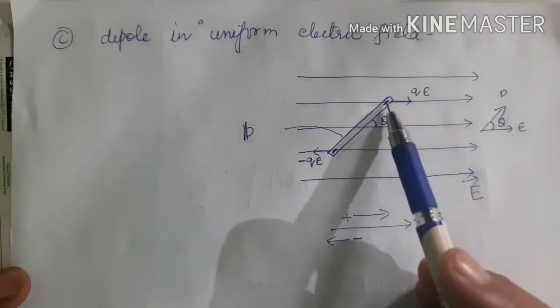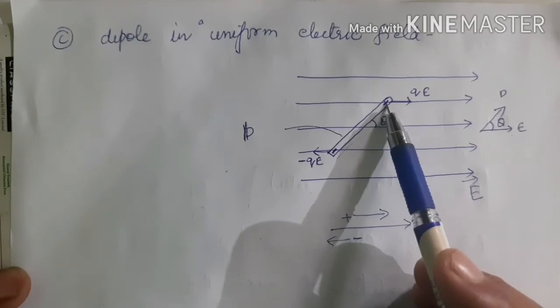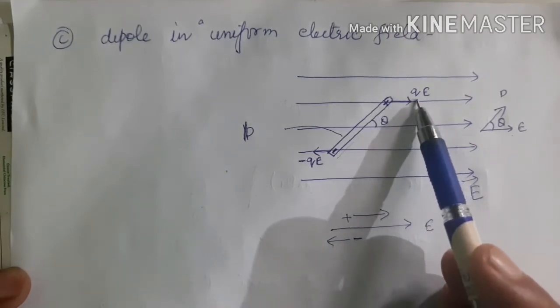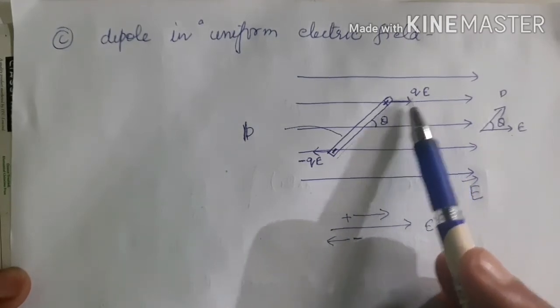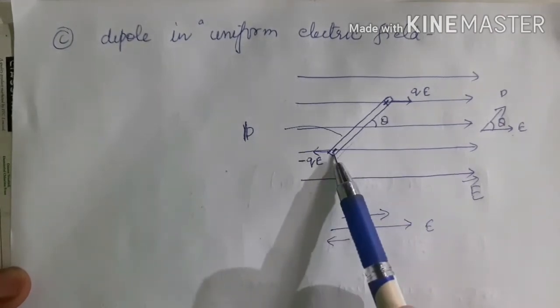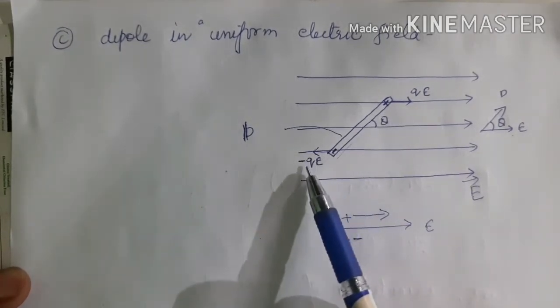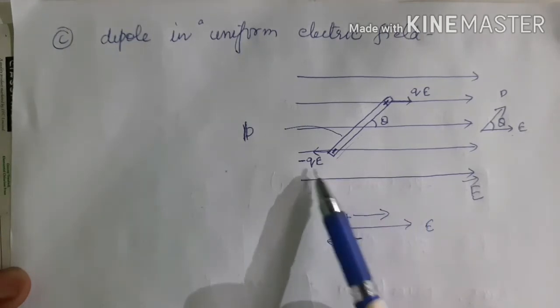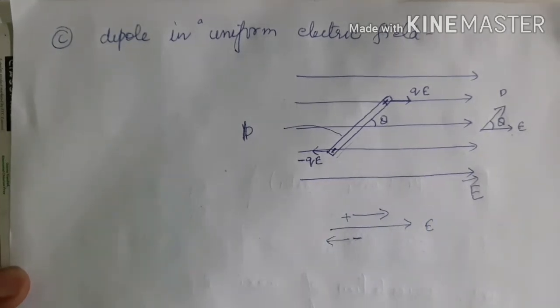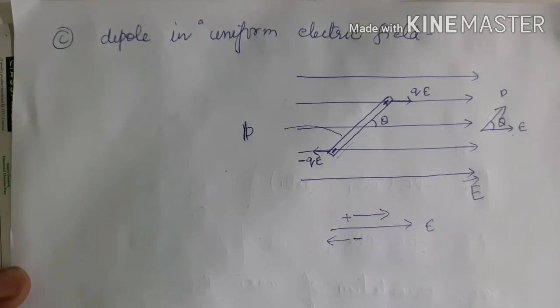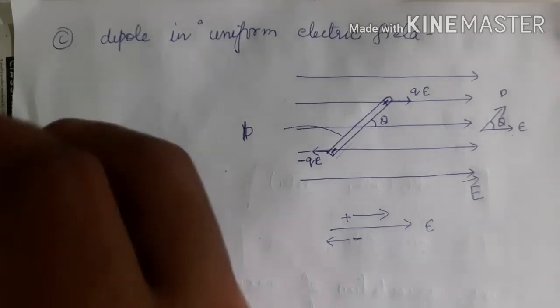So similarly, this positive part of the dipole will move along this direction with a force of Q into E. Q is the magnitude of this charge, and the negative charge moves opposite to the direction of electric field, that's along this direction. So see here, the total force acting on a dipole will be 0 because both are equal in magnitude as electric field is uniform and opposite in direction. So the total force acting on the object is 0.